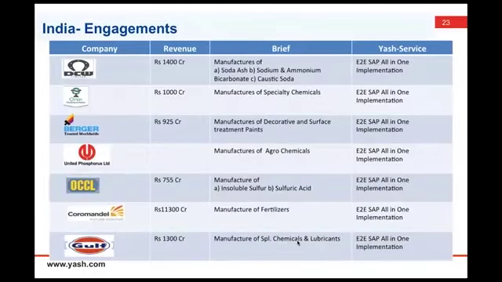These are some of the work we've done in the India market in chemical industries. There are big lists, but I just put a few on the slides: the paint industry, basic chemical soda ash and bicarbonate manufacturing companies, insolubles, sulfur and sulfuric acid, fertilizers and lubricants. So this is some of the engagement we have done in India.